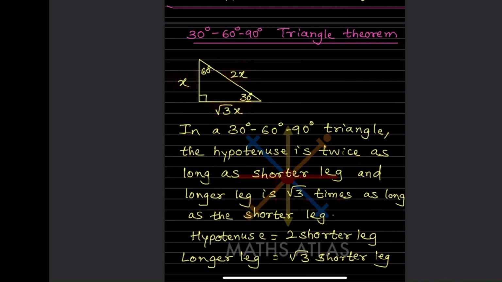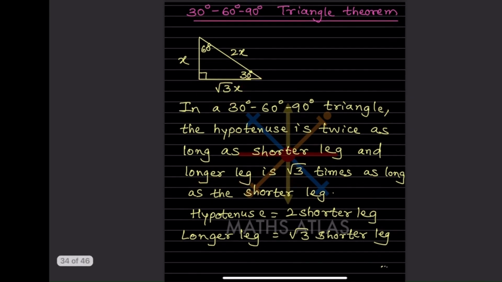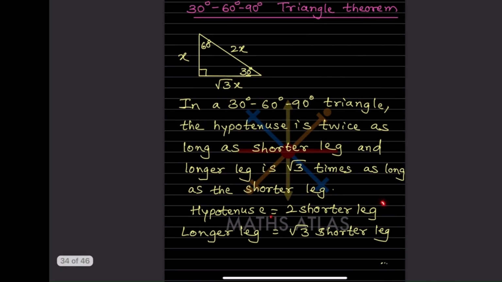The shorter leg is x, so the hypotenuse will be 2x, and the longer leg is root 3x. So the hypotenuse is 2 times the shorter leg and the longer leg is root 3 times the shorter leg. This you have to remember.